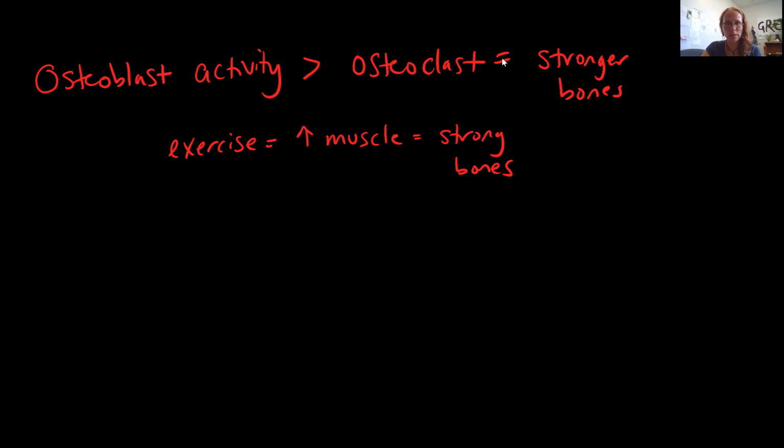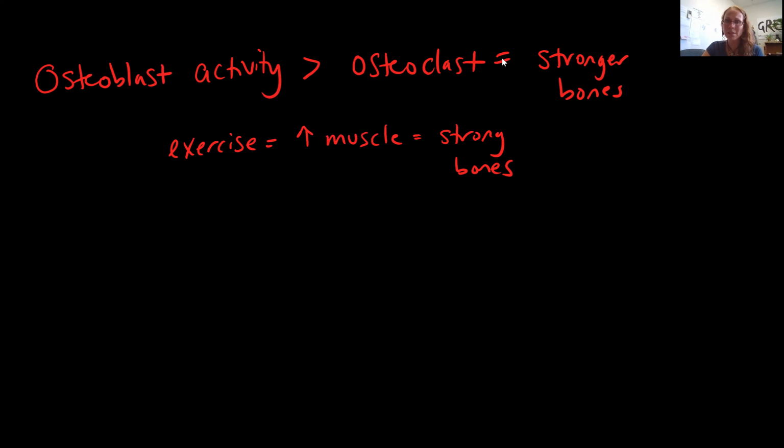So if you are exercising and increasing your muscle mass, you're increasing the tension that's applied to that bone. And so you're telling the body that I need my bone to be stronger. And so in that case, you're going to increase your osteoblast activity, so that as you're remodeling, your bone is stronger than it was before.